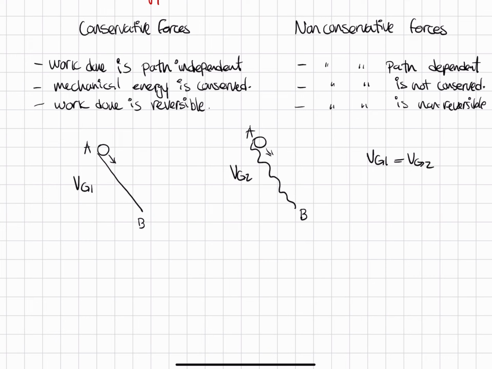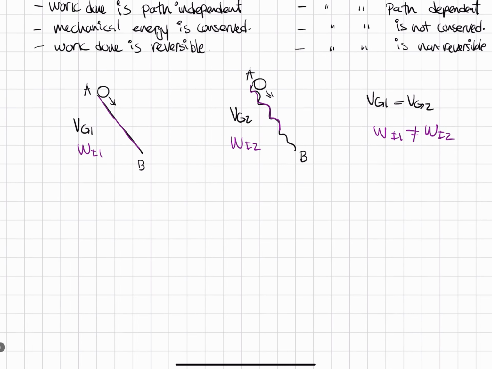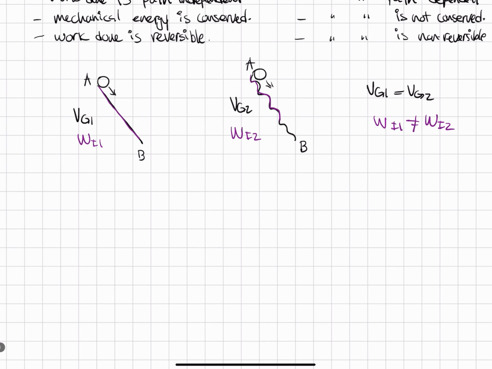But if I am, for example, thinking about something like friction, this path is going to be shorter than this path, right? So the amount of friction that's imposed on the particle will be different. So your Wi1 and your Wi2 will not be equal because they are path dependent. So that's an important concept.